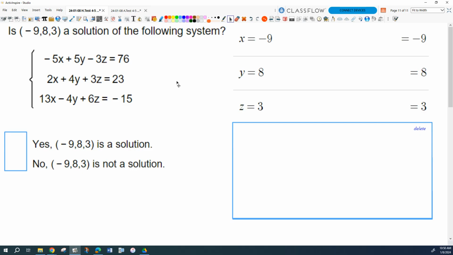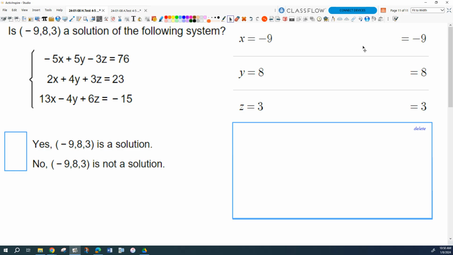Okay, so the way you can, this is just for checking solutions, right? But this is a really easy way to do it when you have lots of variables. I didn't know this until very recently. If I want to evaluate all 3 of these equations, what I can do in Desmos Scientific is plug in the values of the variables. If I type in x equals negative 9 and hit enter, it shows me equals negative 9 on the right side of the screen.